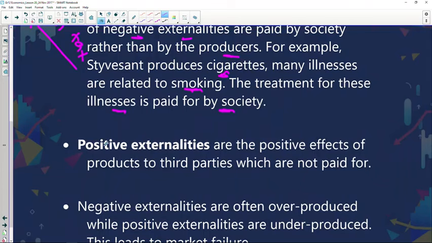Right, then moving on, so we were looking at the negatives, now on to the positives. So the positive effects of products to third parties which are not paid for. So if you have products that you are not paying for, now we're looking at the third parties, we know that they are not paying for certain products, so that would be a positive thing. But I am much more interested in this point, so just make note of this.